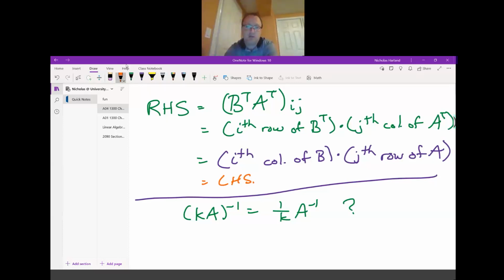Right, so how would we show this? Determinants can't show inverses, even if we had talked about determinants yet.